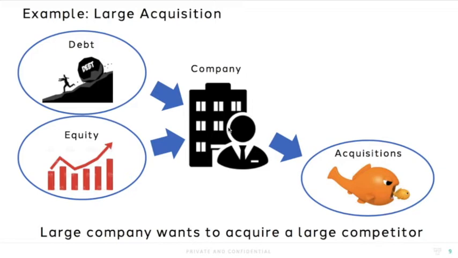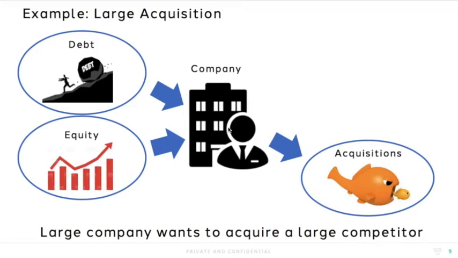So also in the acquisition category, oftentimes these acquisitions are very large and are big enough to the point where a company cannot afford the acquisition with the cash that they have on hand. So what you will often see is companies go out and agree to acquire a company that is very big, oftentimes as big as they are, sometimes even bigger.